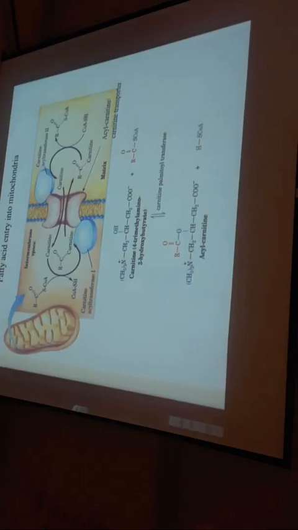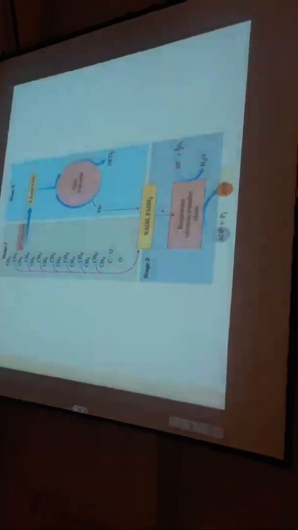the mitochondrial matrix. Now what happens next is that in the mitochondrial matrix we break down fatty acids by chopping off 2 carbon units and forming acetyl-CoA. This is schematically shown here for, I think, palmitic acid.